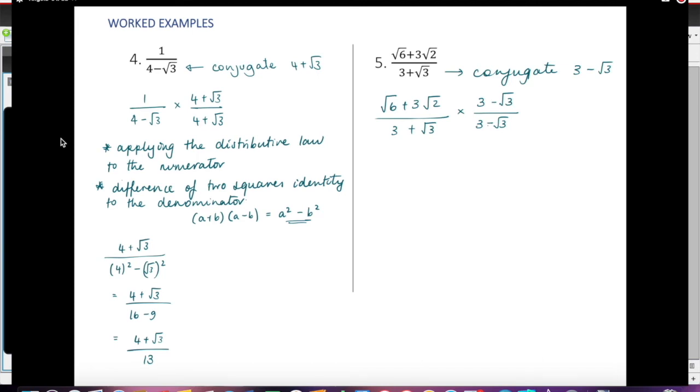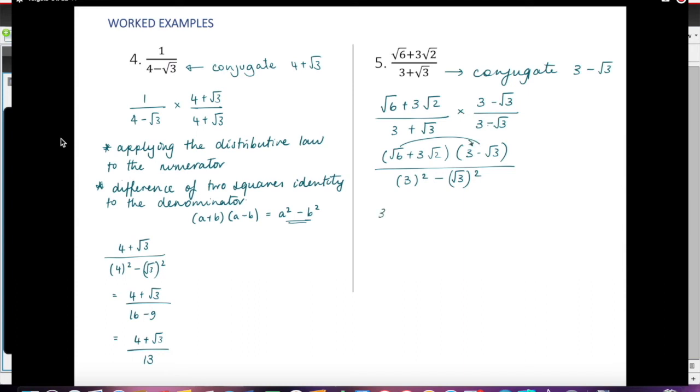So again, here I'm going to apply the distributive law to my numerator. I'm just going to write it out for myself, otherwise I'll make a mistake. Minus root 3. So now root 6 times, I drew my arrow a little bit too far over.